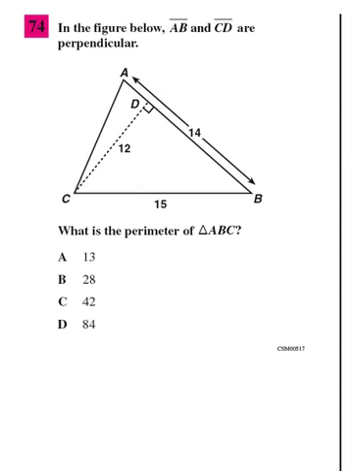Problem 74. In the figure below, A, B, and CD are perpendicular. What is the perimeter of triangle ABC? So we can see that this drawing looks pretty much to scale.